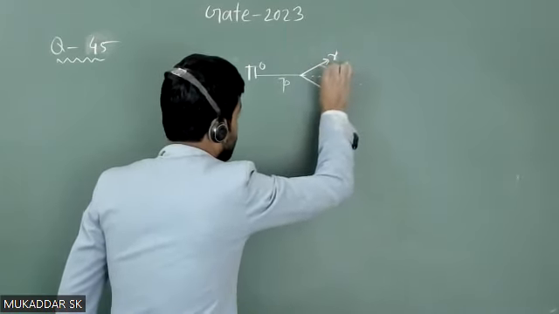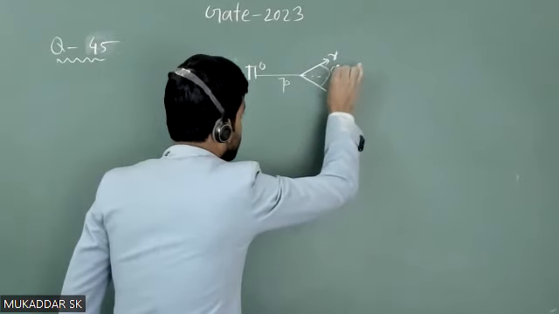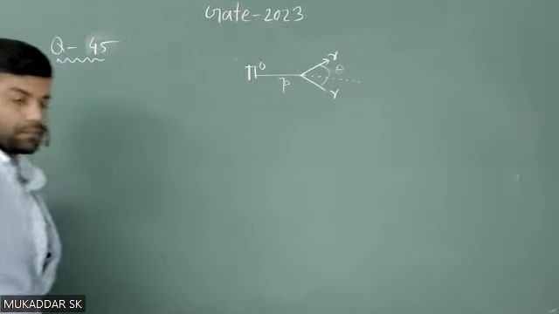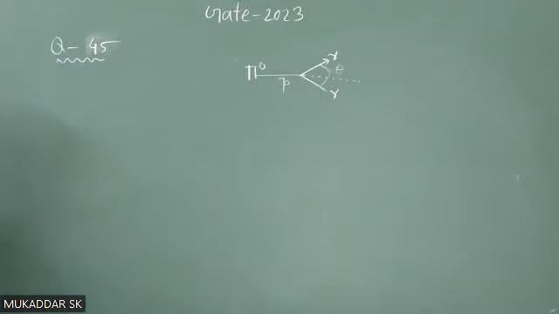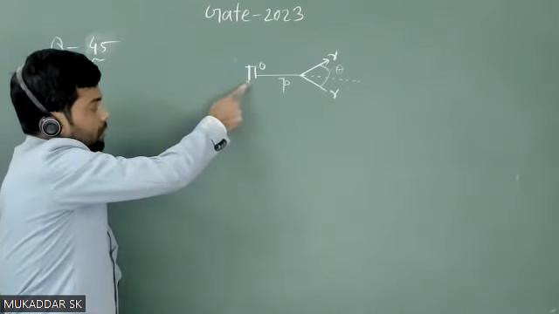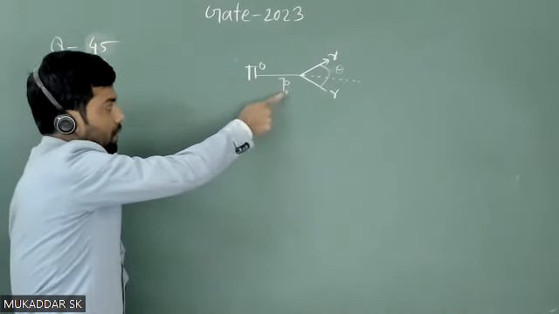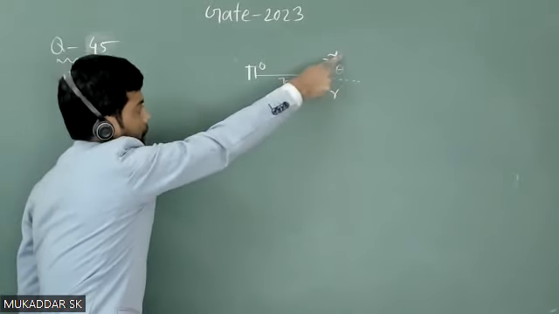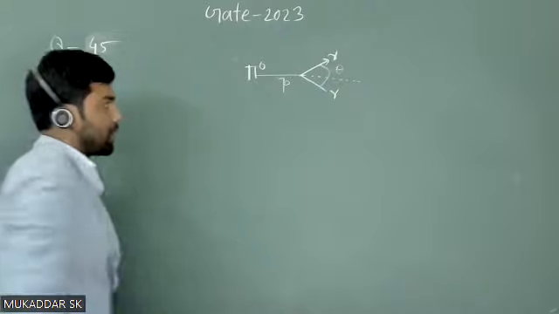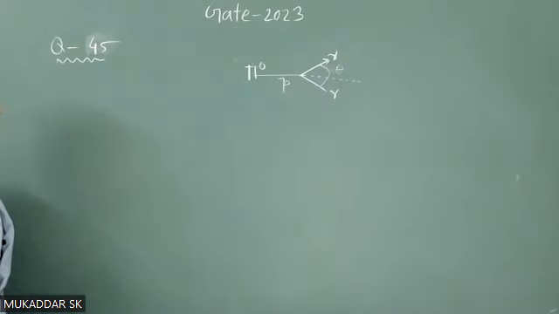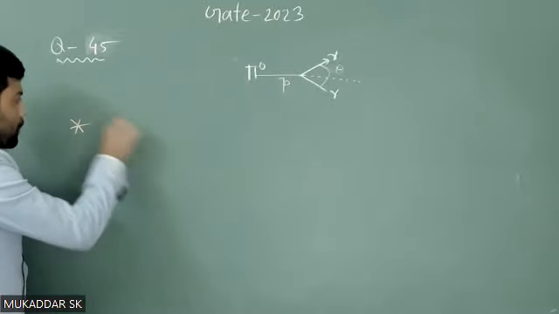And the angle between them is given. The angle between them is theta. So a pi zero meson is produced with some momentum and immediately decays into two photons, and the angle between them is theta.